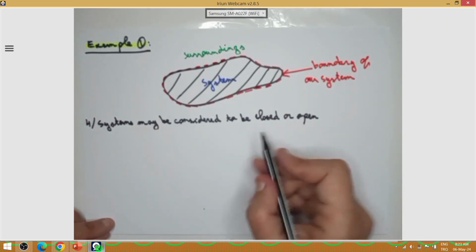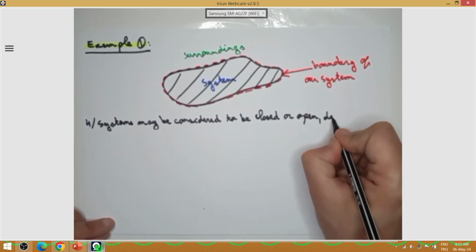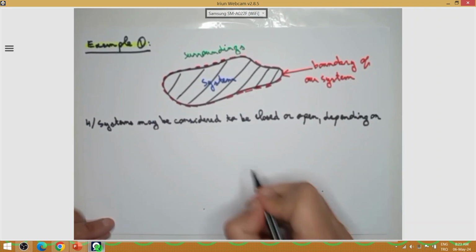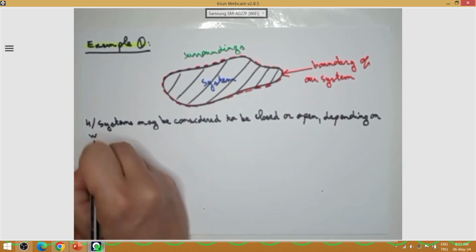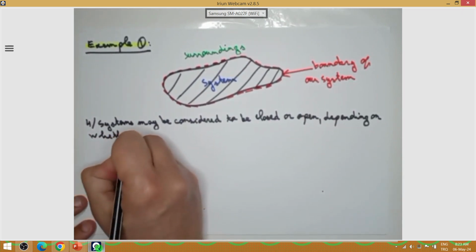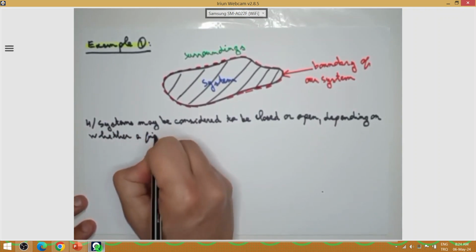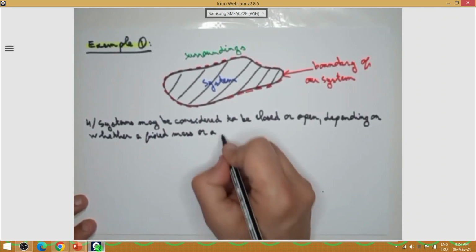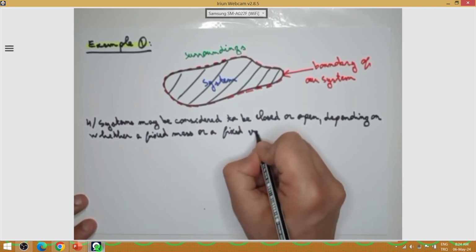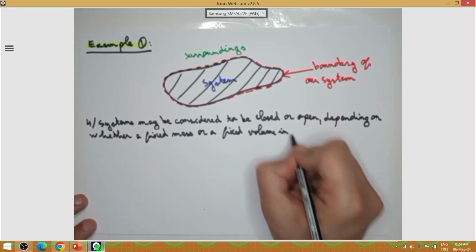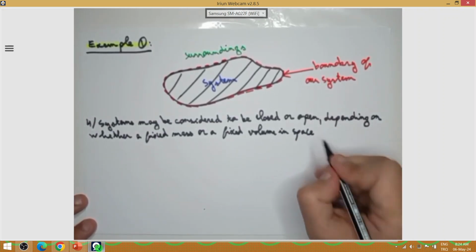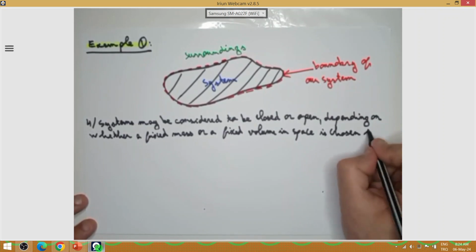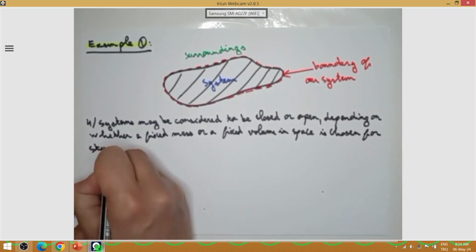So systems may be considered to be closed or open depending on whether a fixed mass or a fixed volume in space is chosen for study.